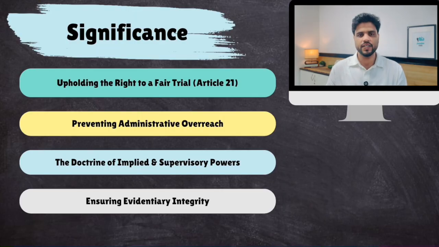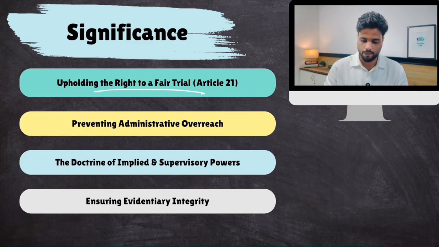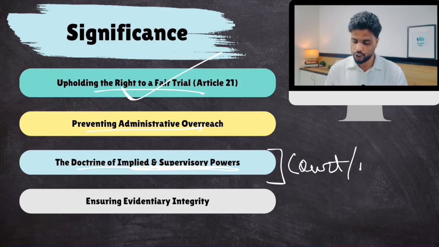What is the significance of this? Through this, the Supreme Court upholds the right to fair trial, because police won't be able to misuse its power of continuing investigation and keeping an undertrial in jail. It also prevents administrative overreach, again police overreach. Doctrine of implied and supervisory powers: the courts or the judicial magistrate have supervisory powers over the police.